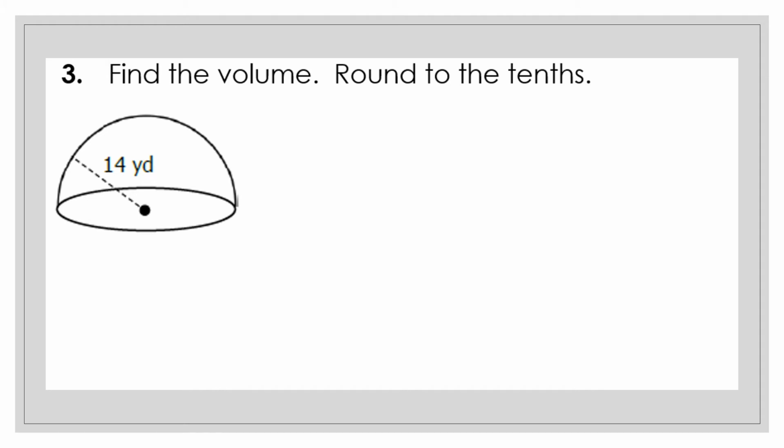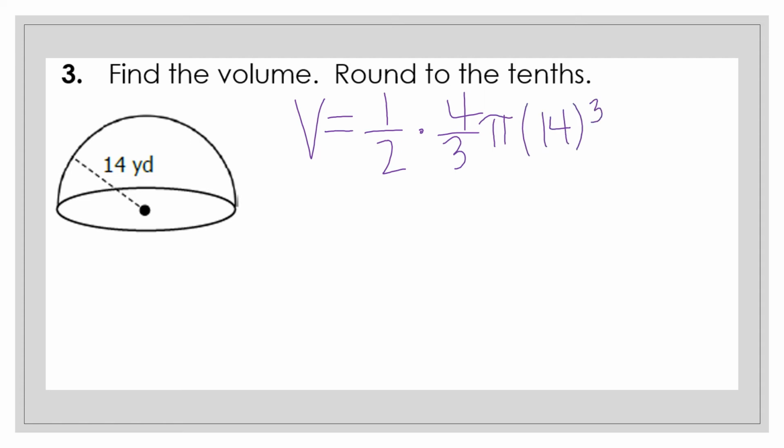Number 3, we have a hemisphere. You're going to find the volume the same way, but there are 2 ways you can approach it. You can multiply by 1/2 at the beginning, or at the end you can divide by 2. I usually do it from the beginning because it's a hemisphere, it's half, so it's 1/2 times 4/3 pi, where r is 14 cubed. When I type it in, I do that.